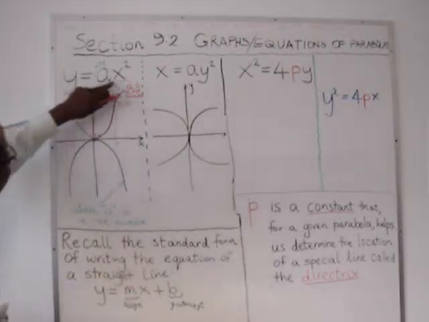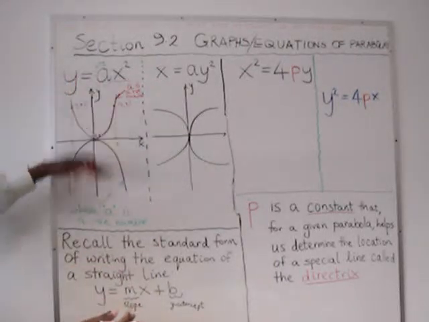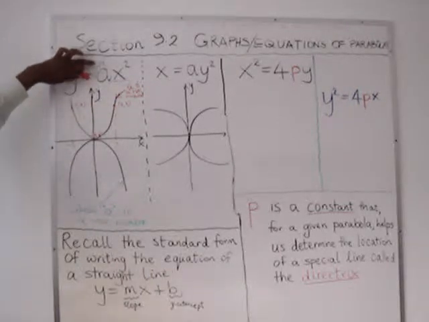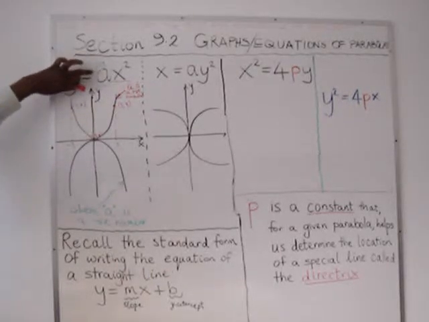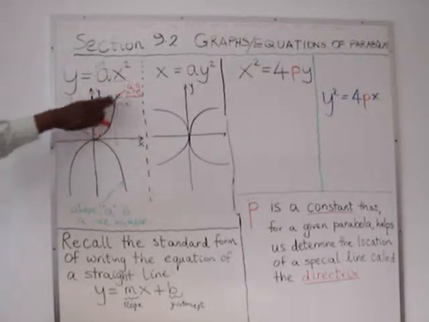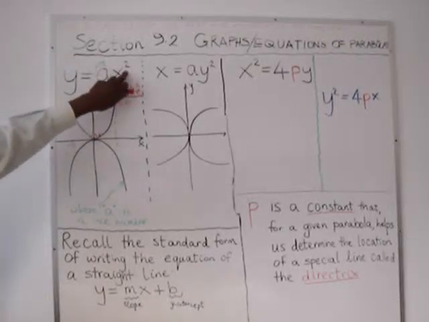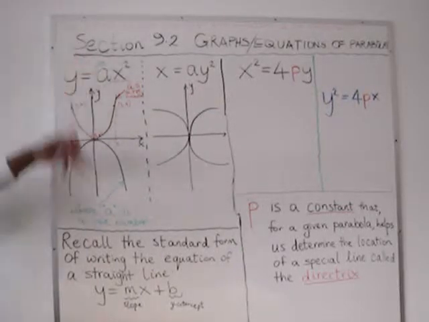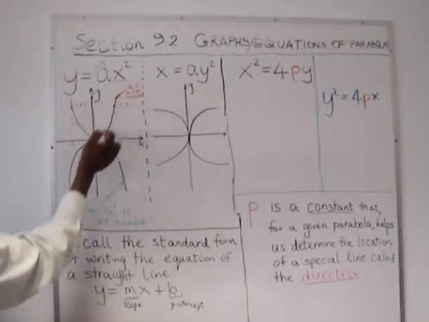That's the only difference between upward facing and downward facing in this special case: whether this value a is negative or positive. Because of the squaring of x, every other thing will really want to be positive, but the negative will cause that to happen. And you understand why there is symmetry.